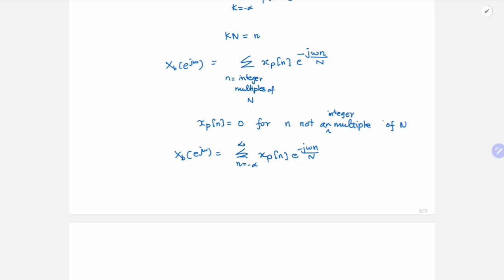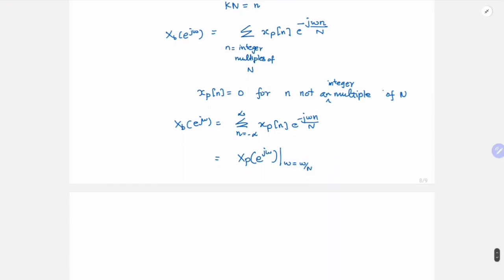And if you see what this is, this is nothing but my xp of e power j omega with omega replaced with omega by n, right? So this is nothing but xp of e power j omega by n. So my xb of e power j omega is nothing but a frequency scaled version of xp of e power j omega.